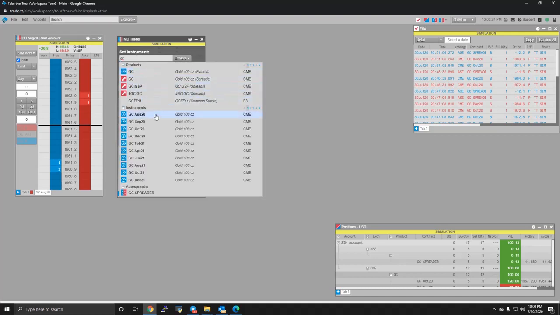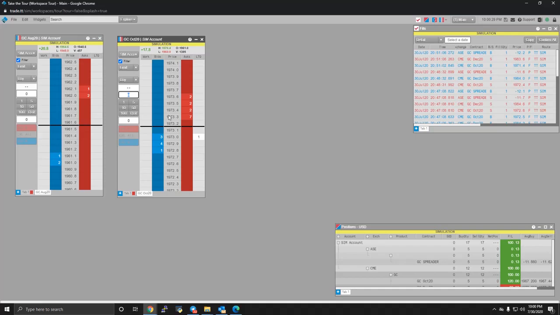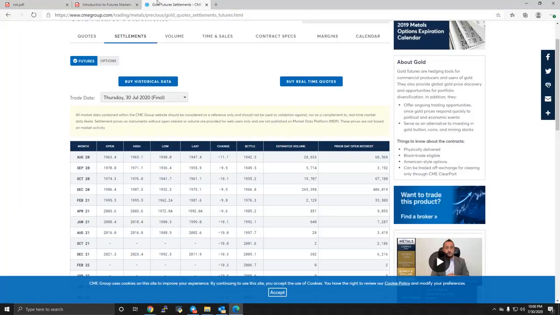We can confirm that by revisiting our settlements page on the CME website and noticing August's prior day open interest and estimated volume numbers. Then you can see September is very light, so the next most liquid contract is October.